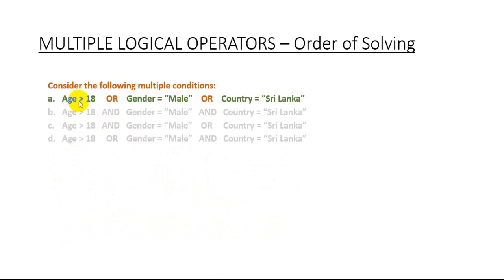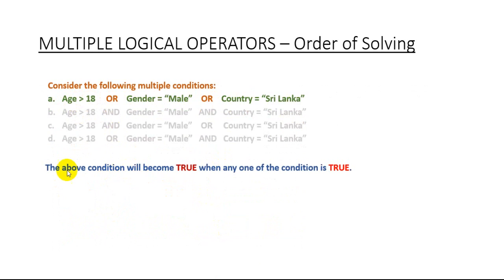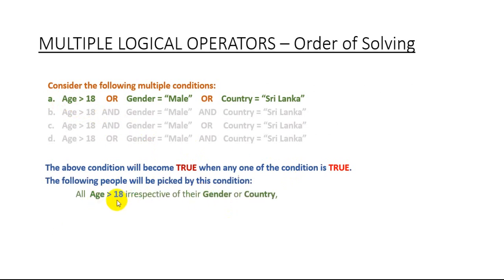We are saying age greater than 18 or gender is male or country equals Sri Lanka. What does this mean? This means the above condition will become true when any one of the following conditions is true. If people are greater than 18, the following people will be picked. So let's go through the list and see. All age greater than 18, irrespective of gender or country.